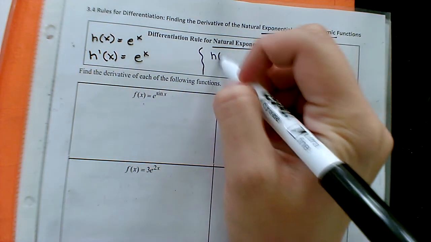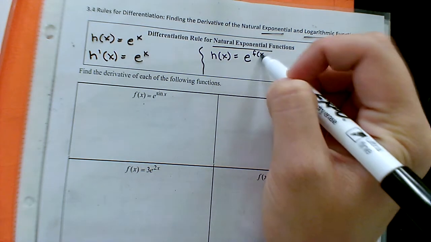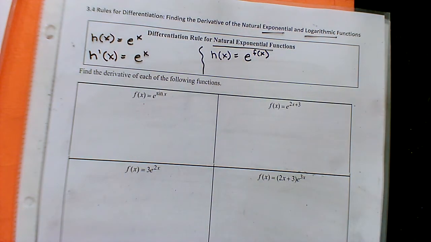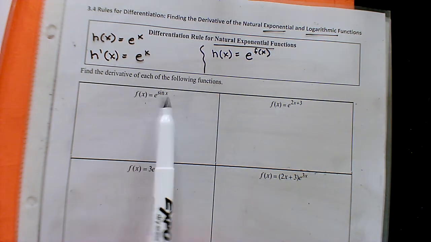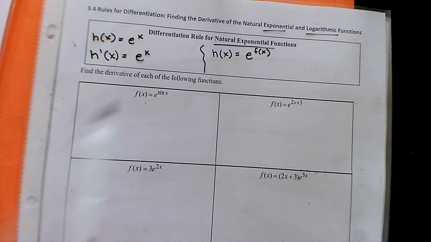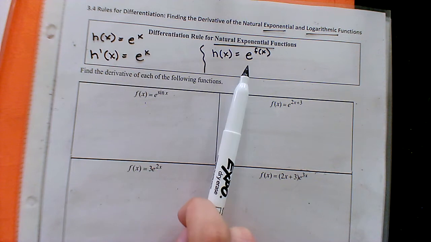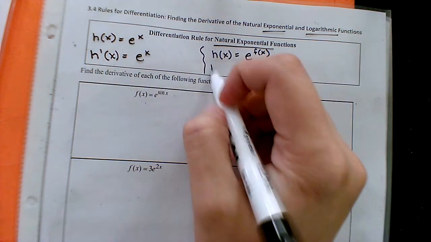However, if our function is e to a function, something other than x, so if you take a look at the examples on the rest of the page, you see how it's like e to the sine, e to the 2x plus 3, e to the 2x. If you have something in that power other than x, which is more often what's going to happen, this is the derivative shortcut that we're going to have to be familiar with.